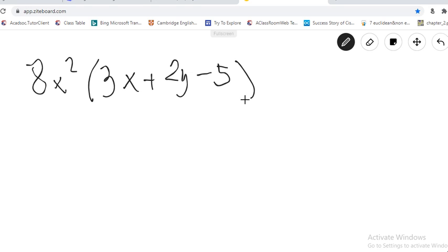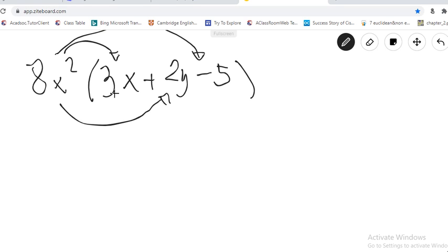Again, we just need to distribute this monomial to each of its terms. But please be mindful and careful with the sign, especially if it's negative. But in this example, we only have one negative. So, let us distribute this one.